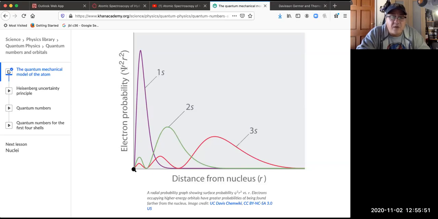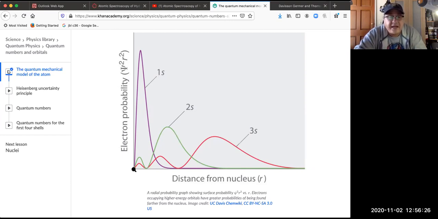Good. So right where it is now, that is right at the nucleus. And you can see that for all three of these lines, the probability of finding an electron is 0 when you're at the nucleus. And that makes sense. You can't find an electron in the nucleus. Now, if we focus just on the purple line, do you see how it's a nice big peak and then it flattens out at 0?